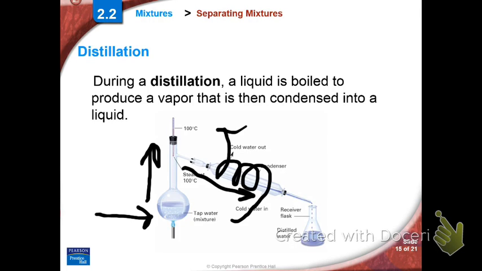It's going to turn back into liquid form and be collected in this flask here. This is going to be our distilled water. What's going to stay back here is the chlorine and the fluorine particles. And actually, when the process is all done, there will be a white film on the bottom of your glass that is a residue of everything that was added to the water.